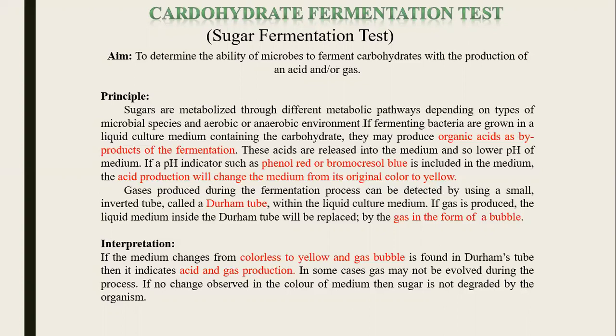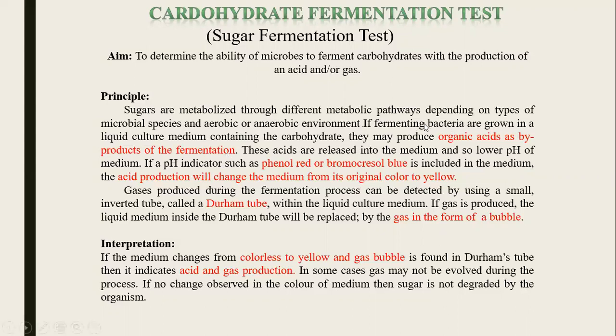This test is used to determine the ability of microbes to ferment carbohydrates or sugars with the production of acid and gas. When the test organism is inoculated in sugar containing medium, the fermentation of bacteria is detected by the production of acid, or gas, or both acid and gas.